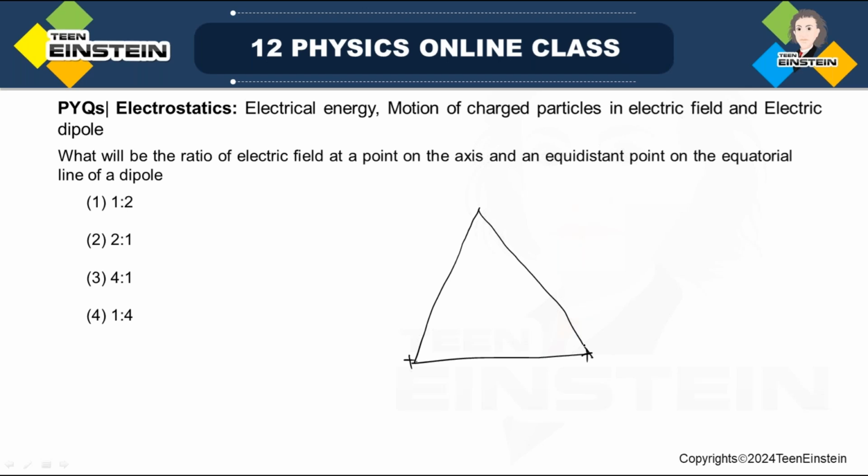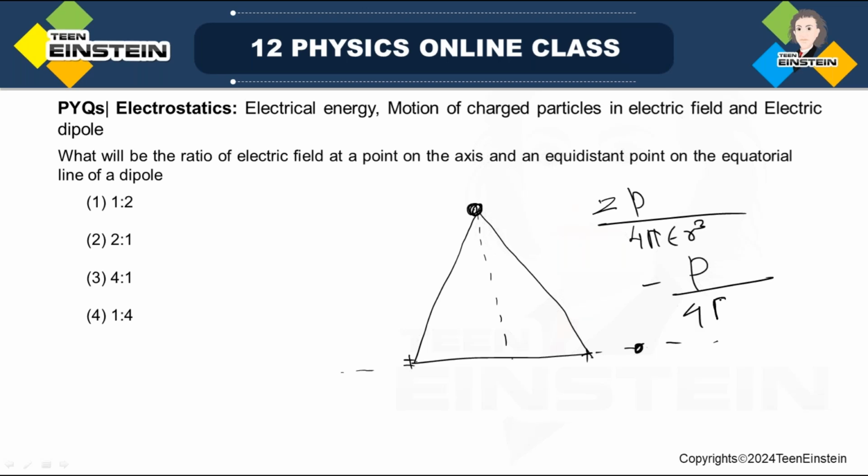This is, suppose, the perpendicular bisector, and on the axis there are poles. The electric field at any axial point will be given by 2p over 4 pi epsilon naught, and for the equatorial plane, it will be p with a minus sign over 4 pi epsilon naught.